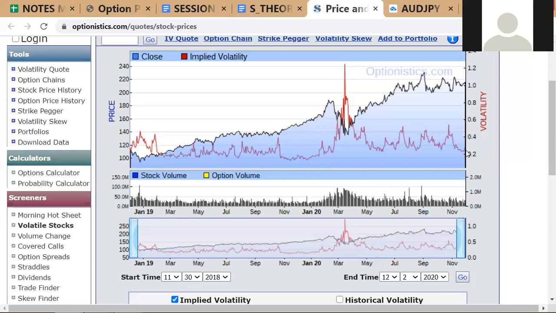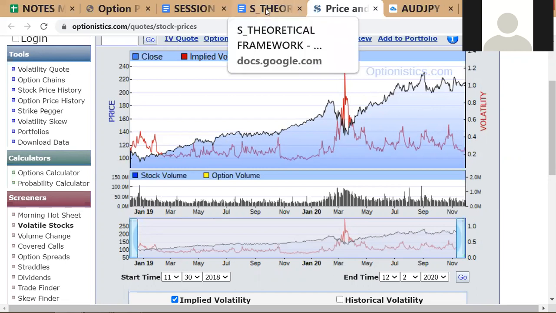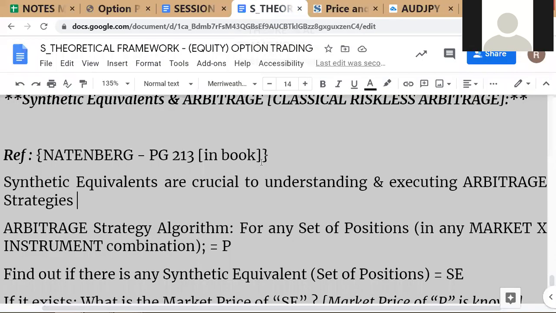The moment you're no longer bullish, that's when you sell your option position, assuming you initially bought. If you initially sold, then the moment you're no longer bearish on that option, you square your position. So that's the answer to your question, Vipul. There's no standard formula. You have to be driven by your view. Does that make sense?